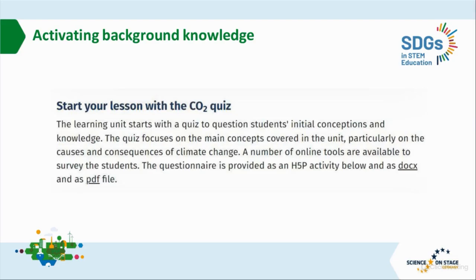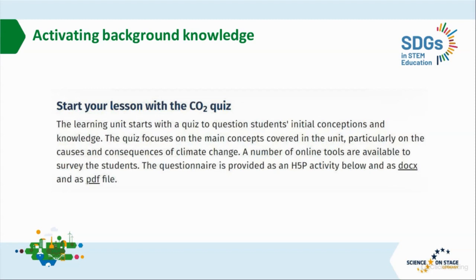Okay. The first part of the unit is to activate the background knowledge that students have about carbon dioxide, because it's in the news, it's always on TV, in the newspapers, and they have probably studied it in primary school, so they know a lot about this gas.